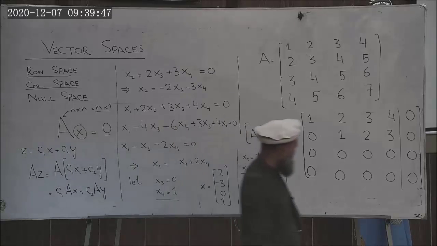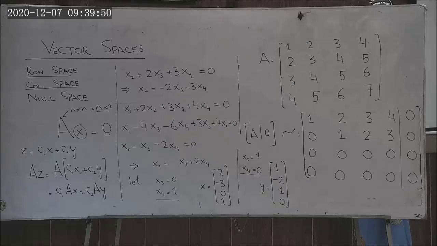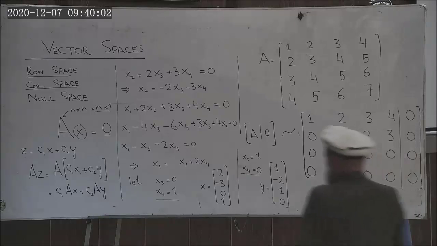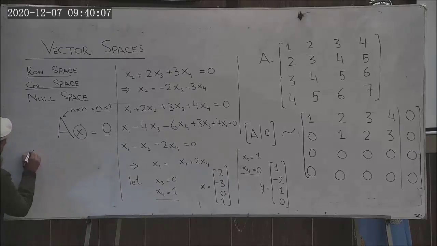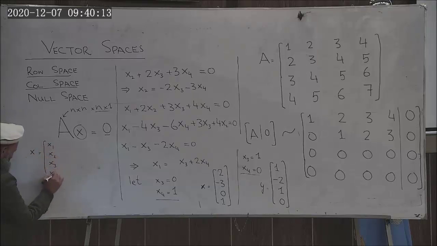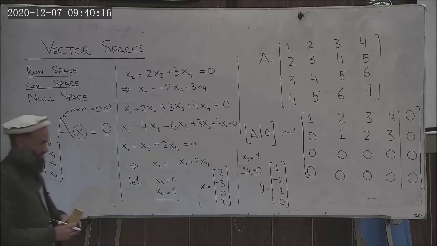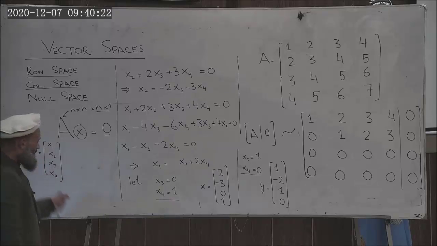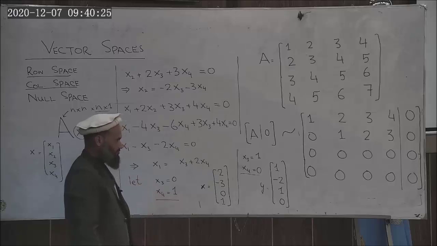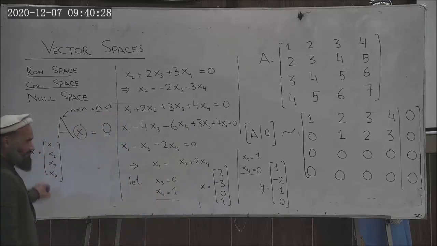So the question is how we can ensure that there are at most two linearly independent solution vectors. In general, what is x? x has four components: x1, x2, x3 and x4. Among these four components, two can be independently chosen. The rest of the two are dependent upon the other two.